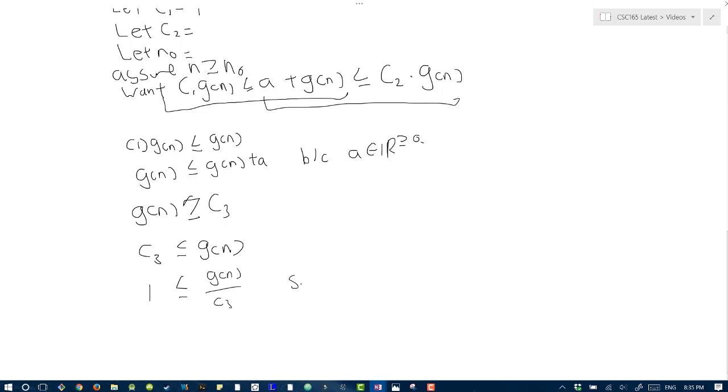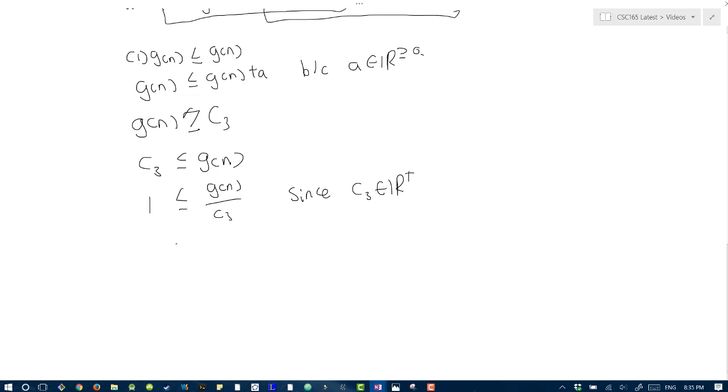And this is because we know that C3 is a positive real number. Okay, now we multiply a on both sides. And then we add g(n).